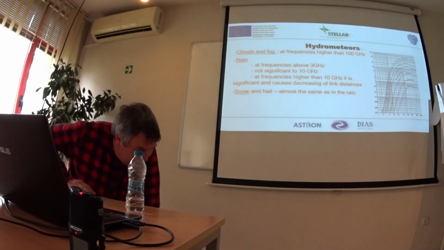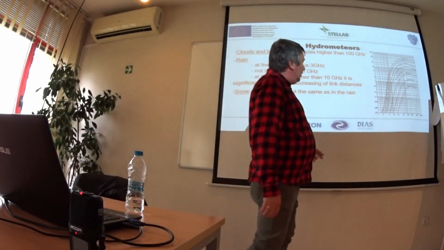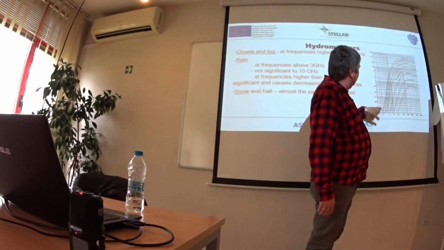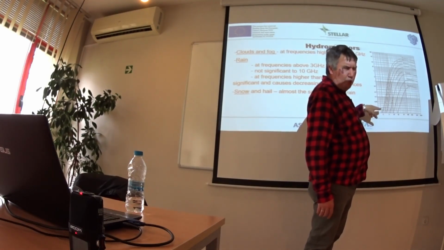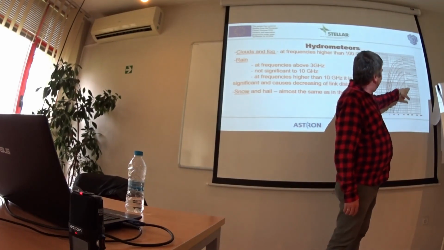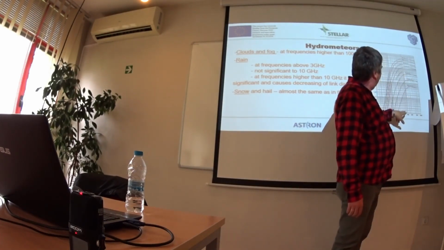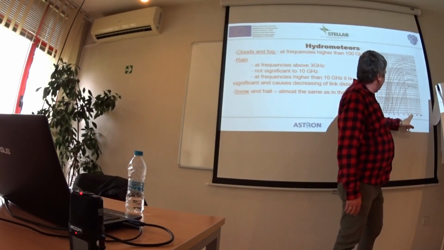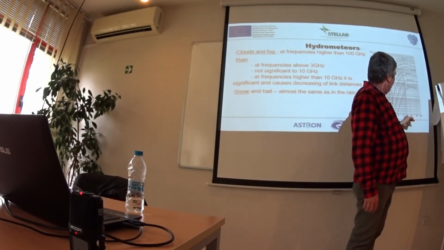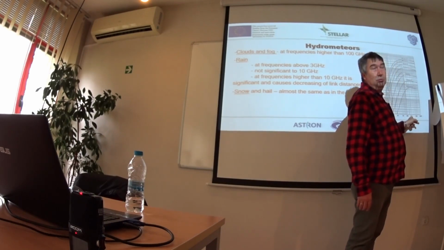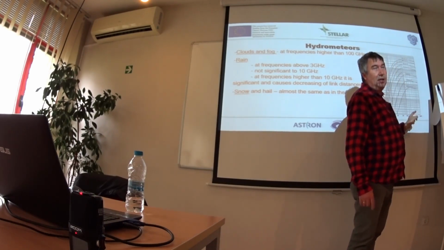Here is given attenuation per kilometer for different rain rates, and here the max is around 100 gigahertz to 200 gigahertz.